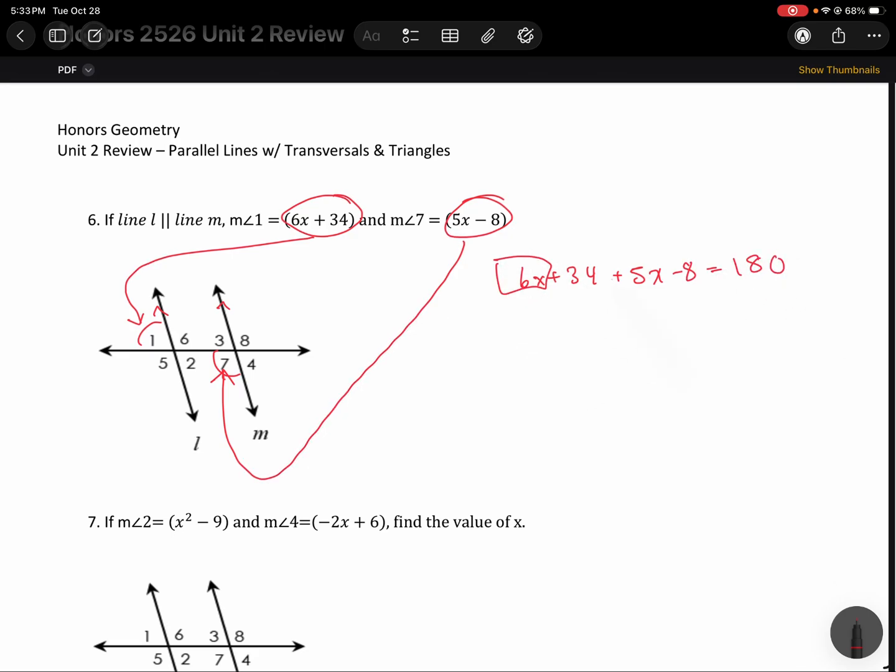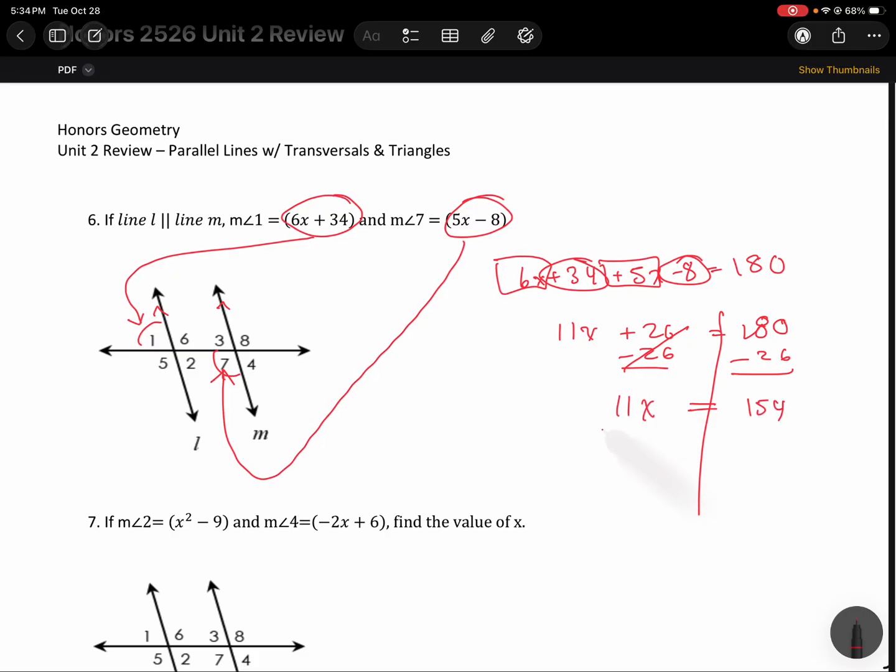So adding my x's together, I have 11x. Add my numbers together, should give me plus 26. I can subtract 26 on both sides to get 154 and 11x. And then divide both sides by 11 to get x is equal to 14.